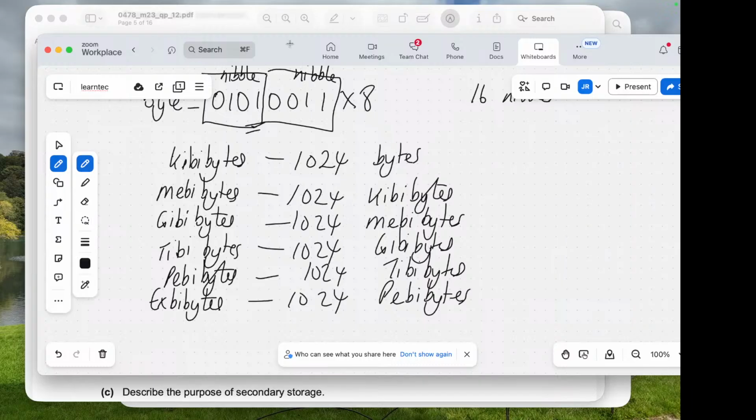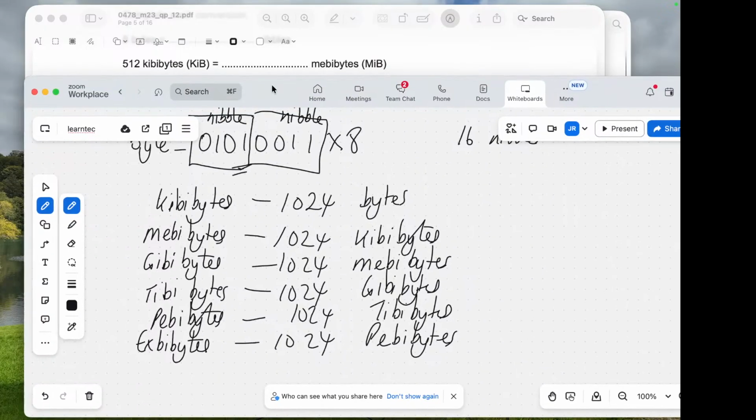So the next one is 512 kibibytes. How many mebibytes is that? Well, if we look at where kibibytes and mebibytes are, it's times 1,024. So if we've got 512, that's half. So 1,024 divided by 2 is 512.